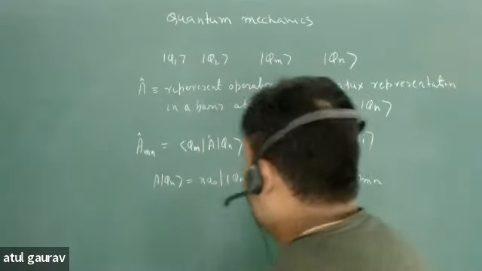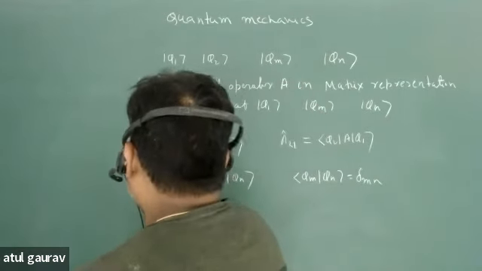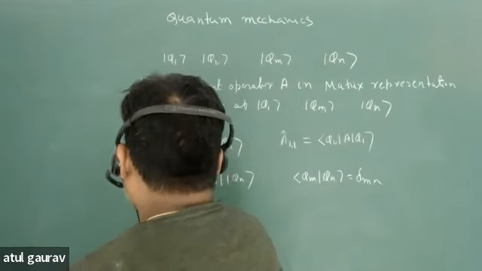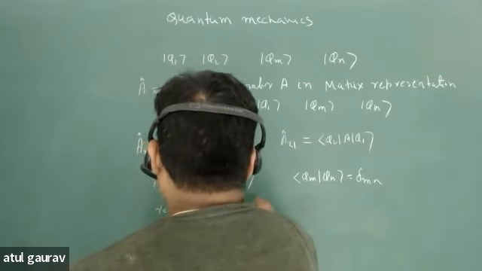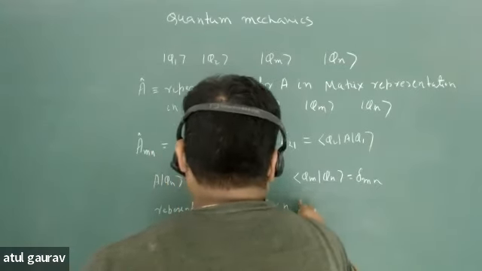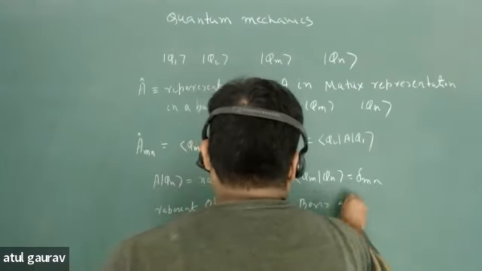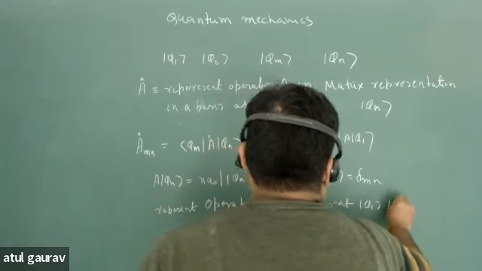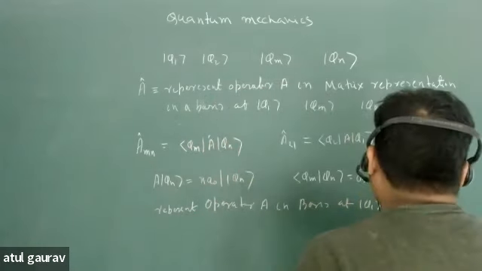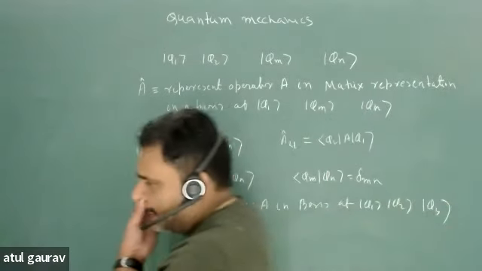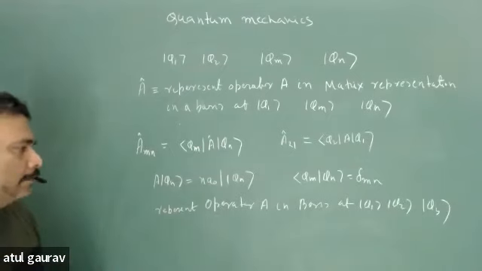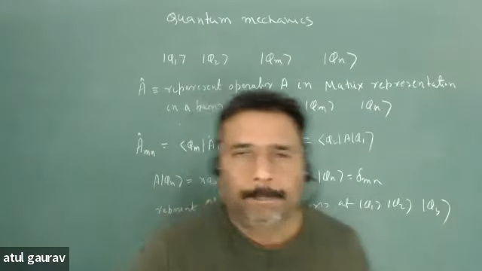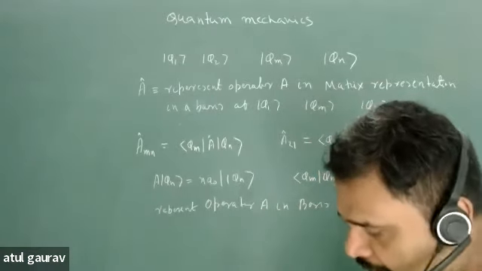So what we have to do? Represent operator A in the basis of phi 1, phi 2, phi 3. हमें क्या करना है? इस ऑपरेटर को रिप्रेजेंट करना है phi 1, phi 2 और phi 3 के बेसिस में. So how many elements do you have to find? 9 element निकालना होगा, है ना?